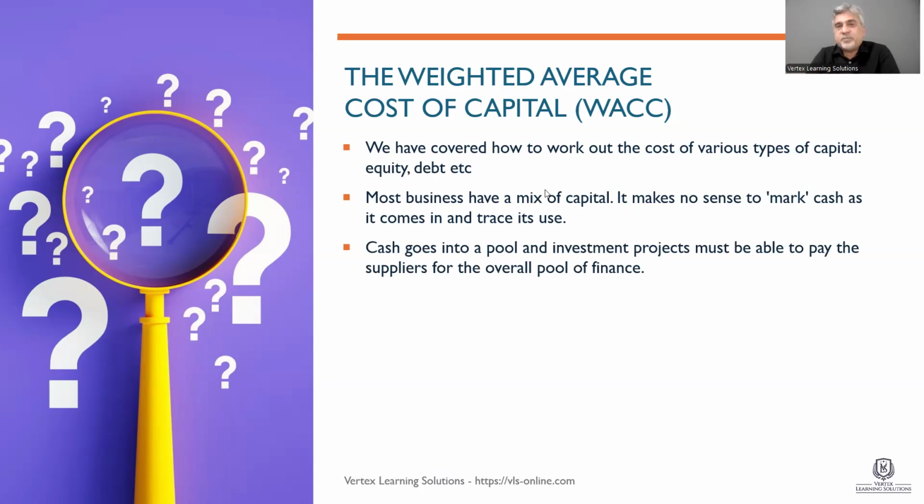So cash goes into a pool, and investment projects must be able to pay the suppliers for the overall pool of finance. Overall pool of finance means that you are bringing in cash, which is capital, from different sources, and every one of these sources has its own cost. When you finance a project, you don't determine exactly where the cash is coming from. It is actually the average of the cost.